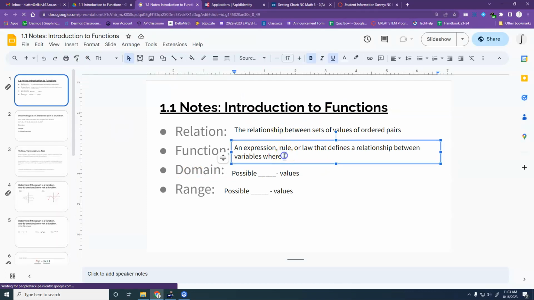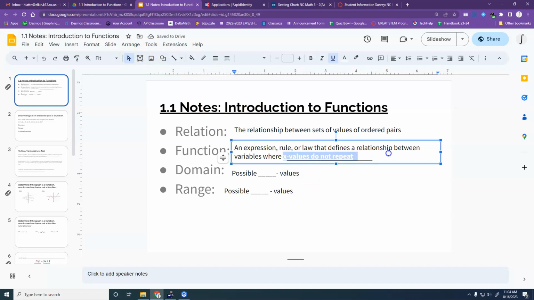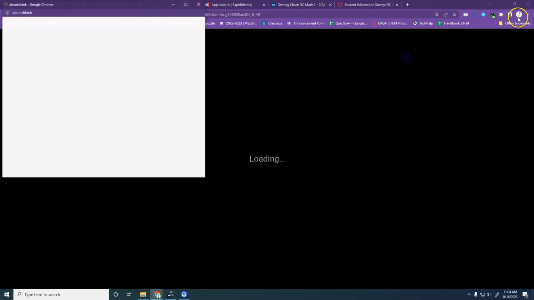Hold on. Let me type this in. Oh, I didn't put a line under it for filling in the blank. That's what I did wrong. See, that's my new trick. I learned that this summer. Just make everything white so you remember what you actually meant to put in the blank, but it doesn't show up. That way you can print it like that. All right. Okay. Now we're on track. So let me go back to my presentation.